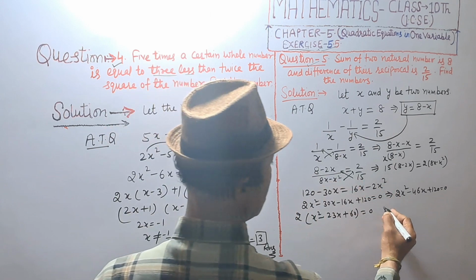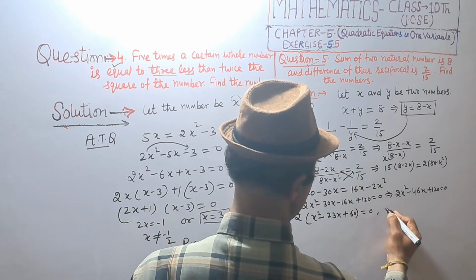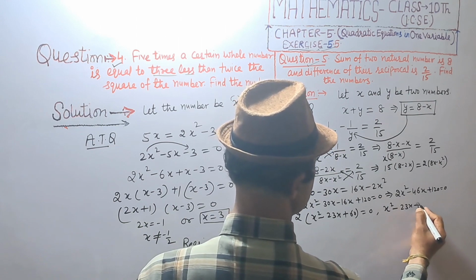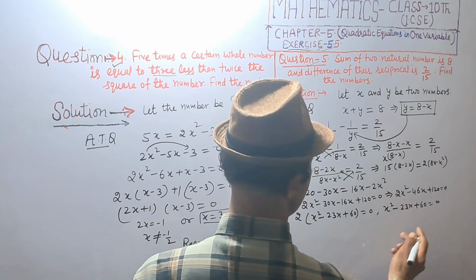So 2 is not equal to 0, and we get x raised to power 2 minus 23x plus 60 is equal to 0.